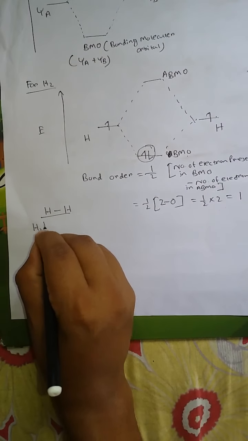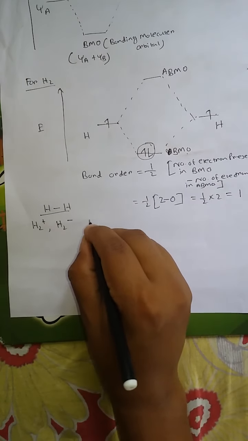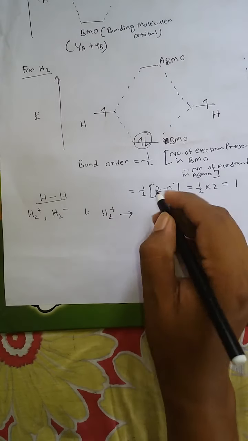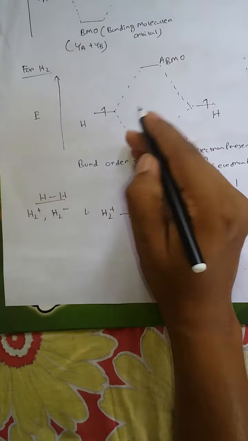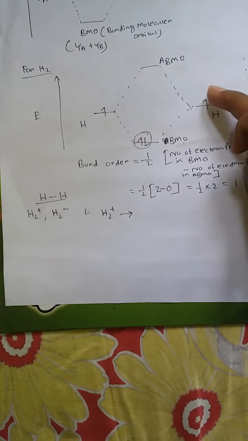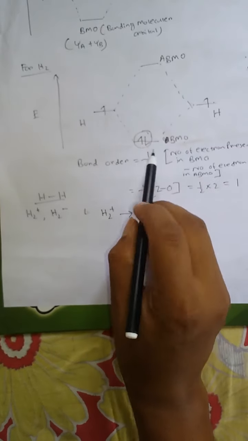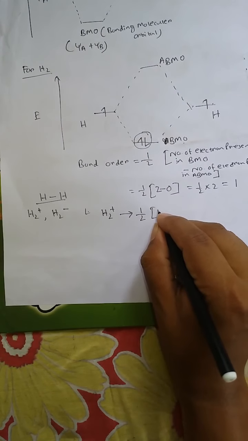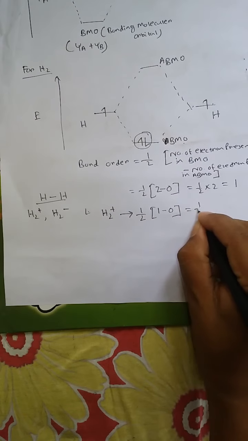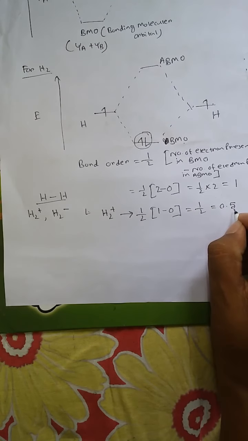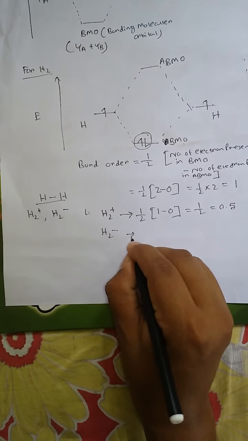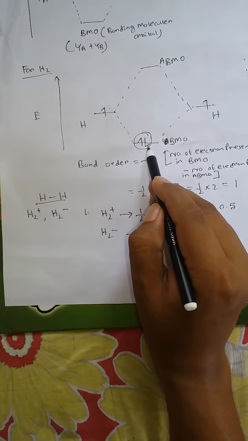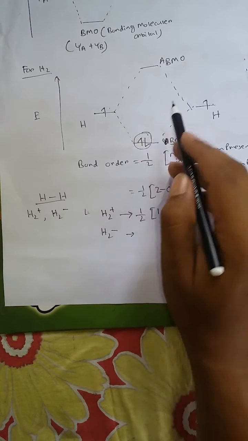In case of H2 plus and H2 minus, let's see what the bond order is. In H2 plus, one electron is removed, so one electron is present in BMO. So bond order is half into 1 minus 0, that means 0.5. In H2 minus, two electrons are already present in BMO and one extra electron is present in ABMO.